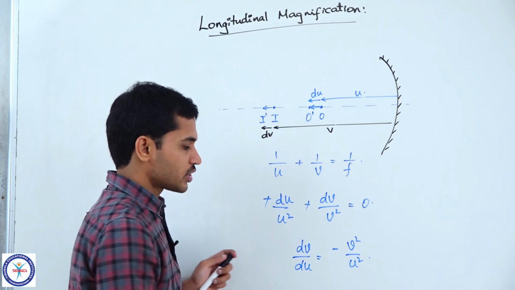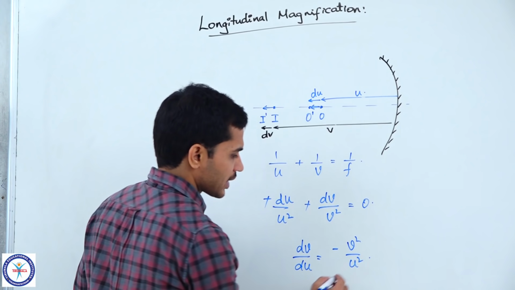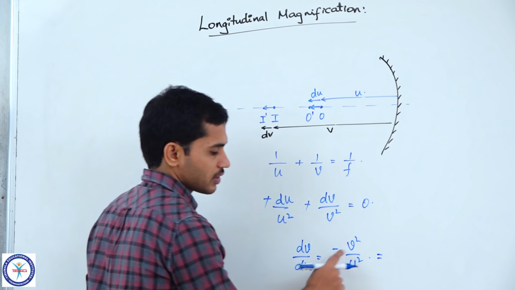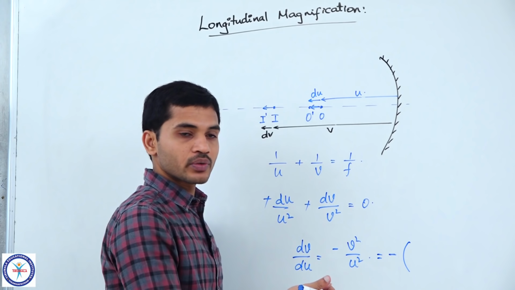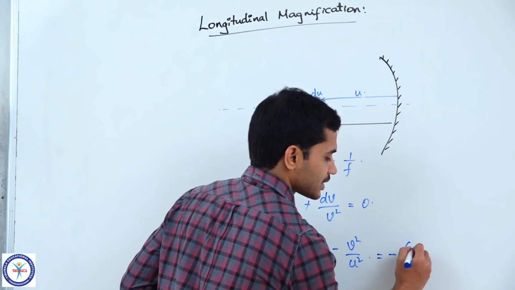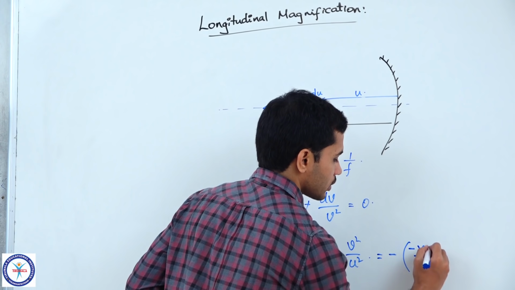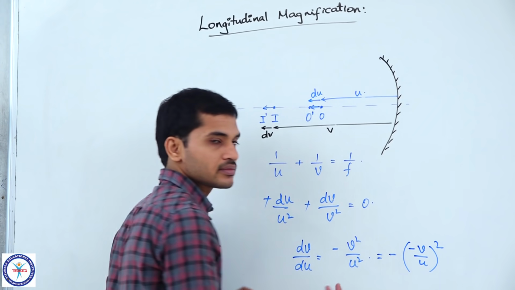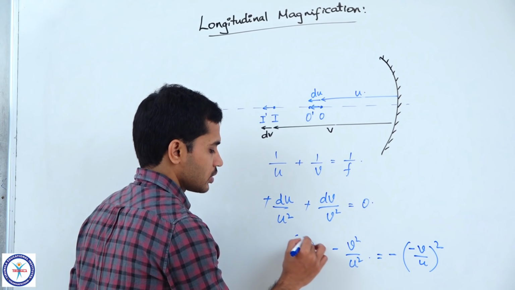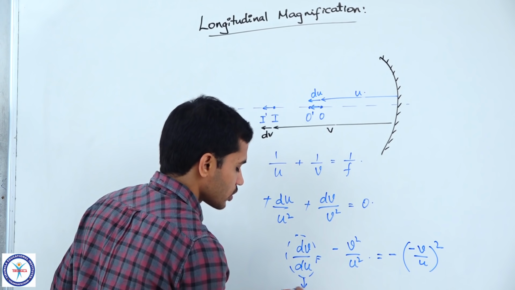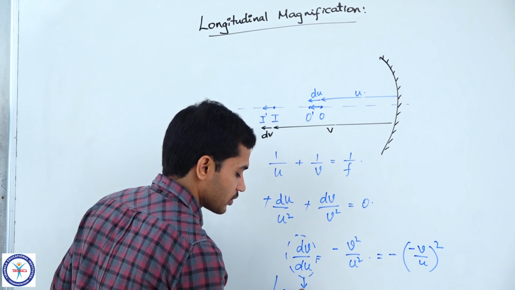I can once again rearrange this, taking the minus sign out, as minus v by u whole square. When squared, the minus sign will anyway become positive. So this expression here is what we call longitudinal magnification.